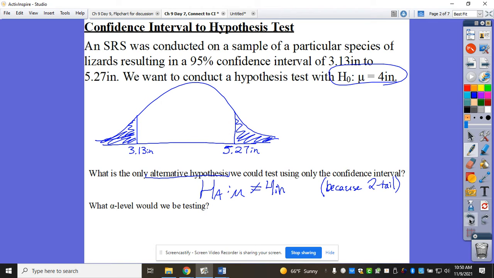So what is alpha? And I'm going to write in parentheses total shaded area. Above, in that picture is the total shaded area. Usually we know total shaded area as p-value.